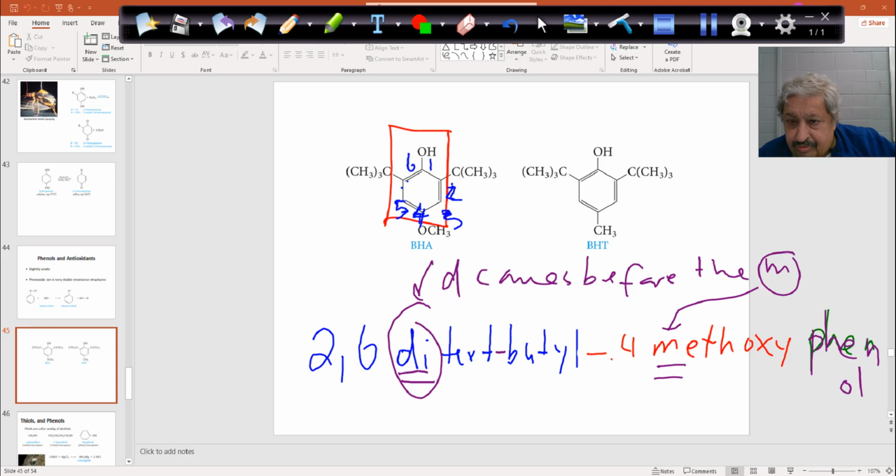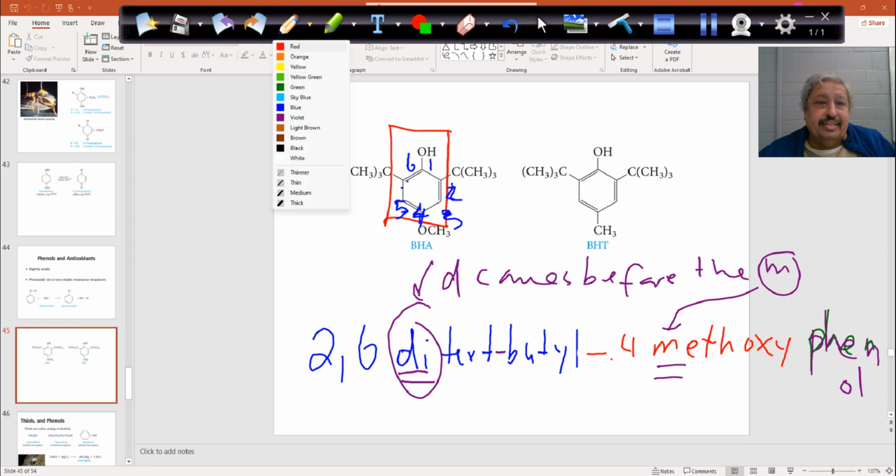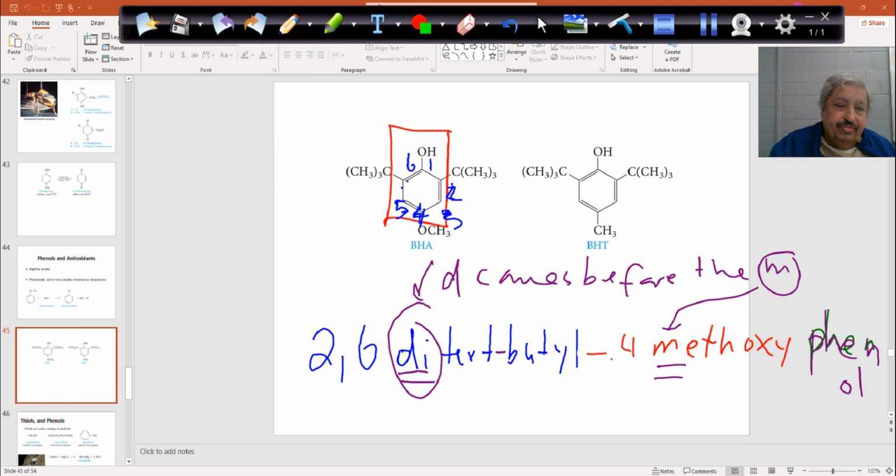So, yes? How do you know that (CH3)3C is a tertiary butyl? The only way is to take it apart. So you have 3 CH3 connected. This is the C here, correct?